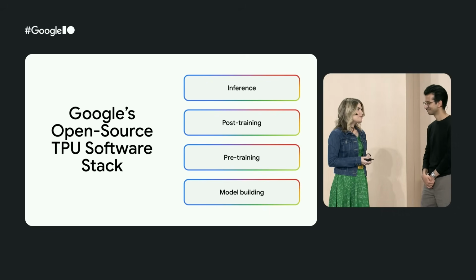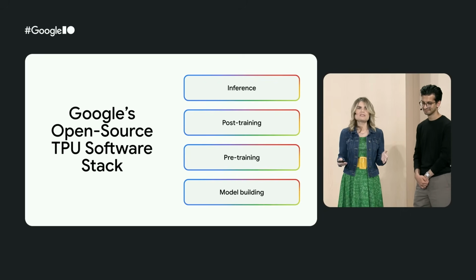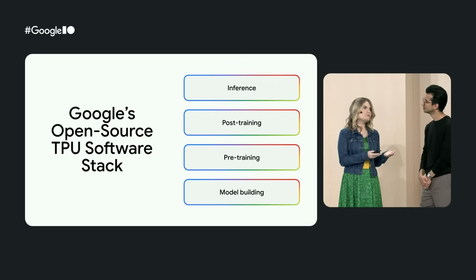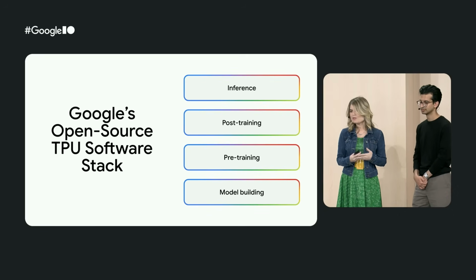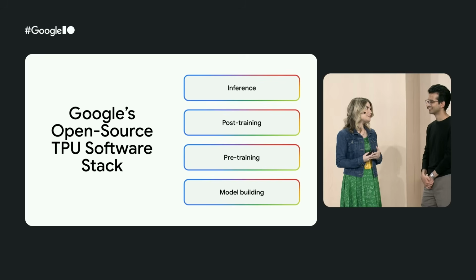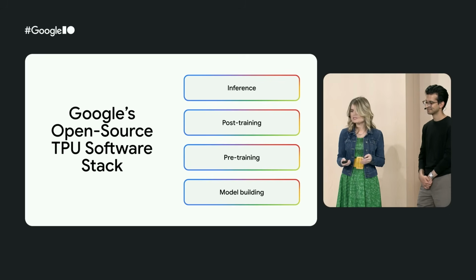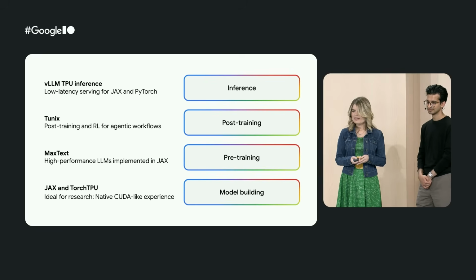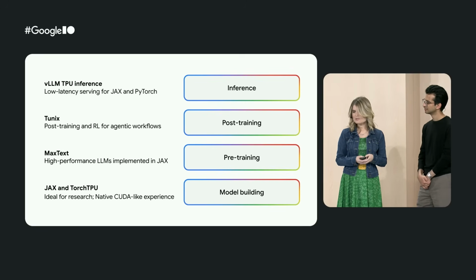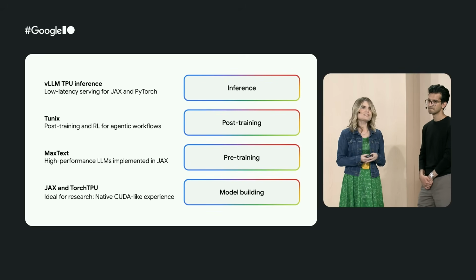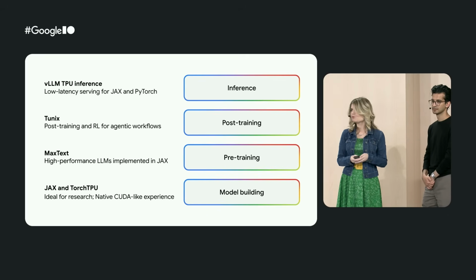Google is kind of special, though, in the sense that we aren't just a company that has models that are available via REST APIs, models that are available to download and to fine-tune and to use for your projects. We also have our open source TPU software stack. Yeah. So everything from inference to post-training, pre-training, and model building. Kind of the usual suspects like vLLM for TPU inference for both JAX and PyTorch, Tunix for post-training with RL and agentic workflows, MaxText, and then also JAX and Torch TPU for making TPUs run really fast and in a really performant way.